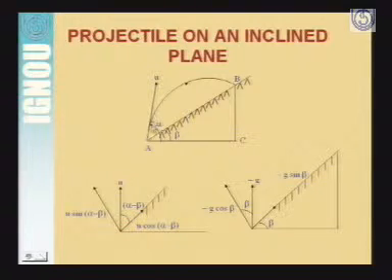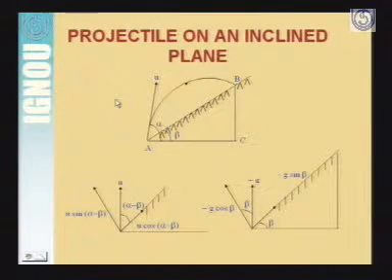So the angle between the direction of the velocity u and the inclined plane is equal to alpha minus beta. That means alpha minus beta is this angle, because this full angle is alpha and this angle is beta. So here we are considering the projectile on an inclined plane.